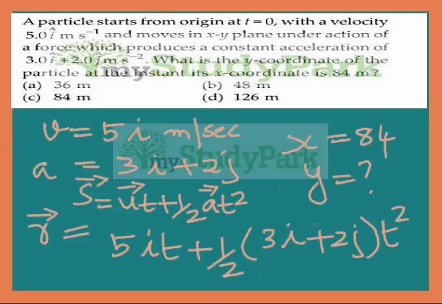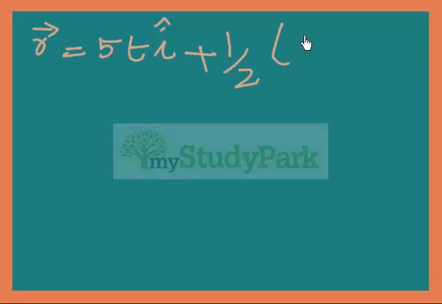So you get r bar equals 5t i, where i is nothing but the direction, plus half of 3i plus 2j into t square, which is half of 3i plus 2j into t square.